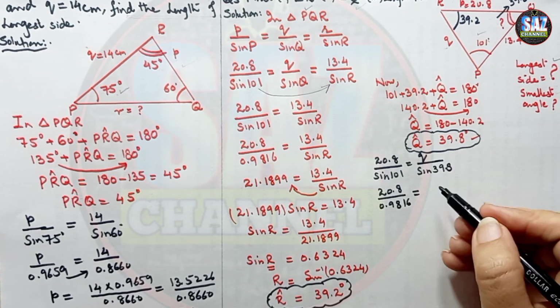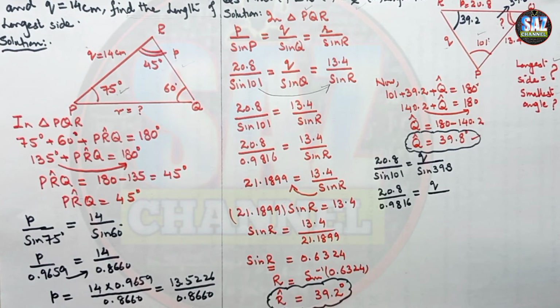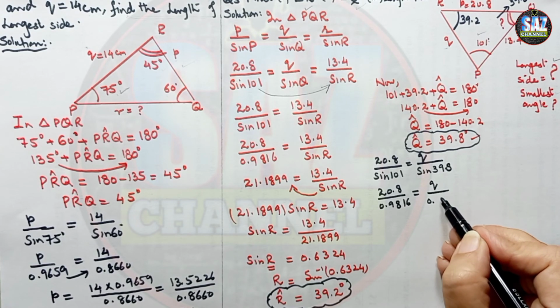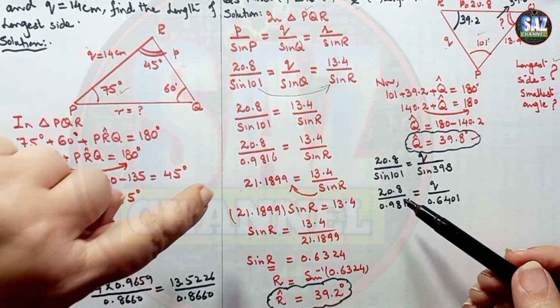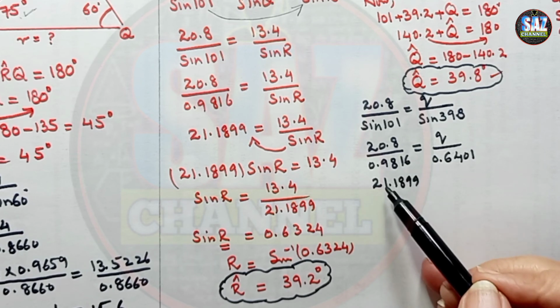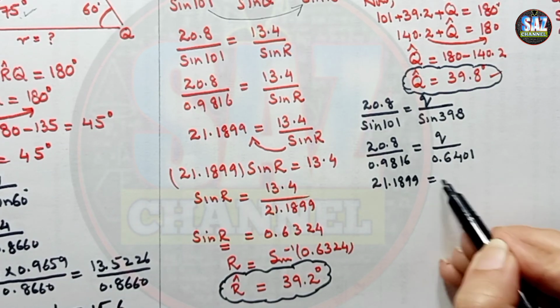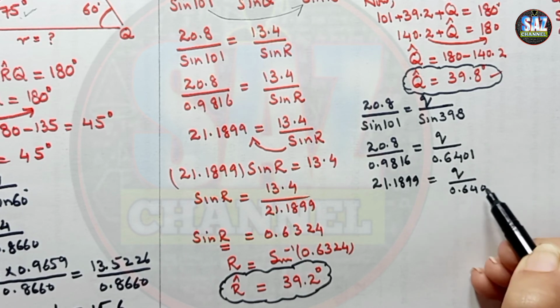Then I have to check the value of sine 39.8, and this gives me 0.6401. And from the previous calculation, 20.8 upon 0.9816 gives me 21.1899 equals q upon 0.6401.